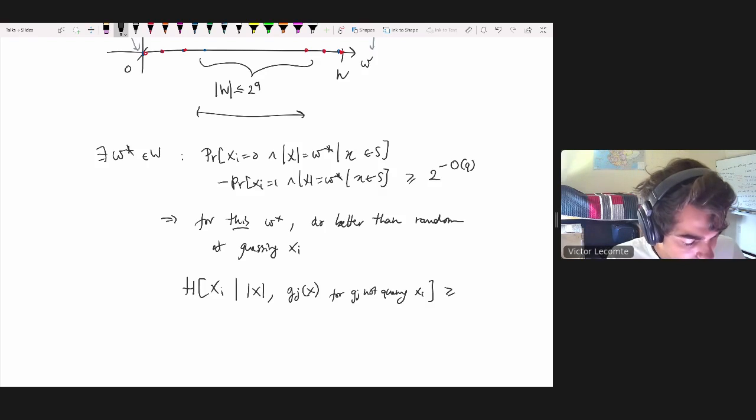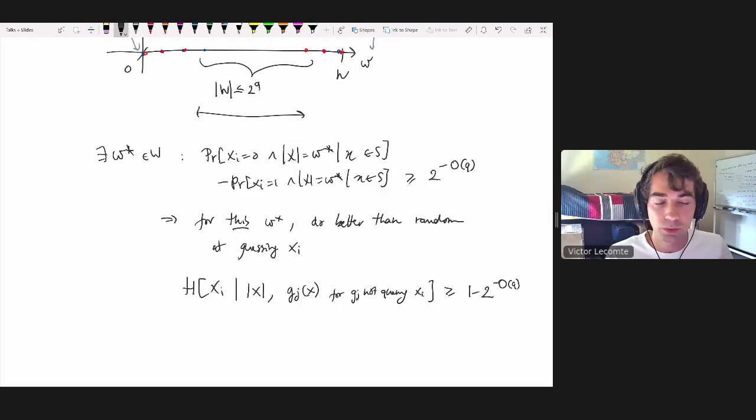So that means that the entropy is at least 1 minus 2 to the minus q.